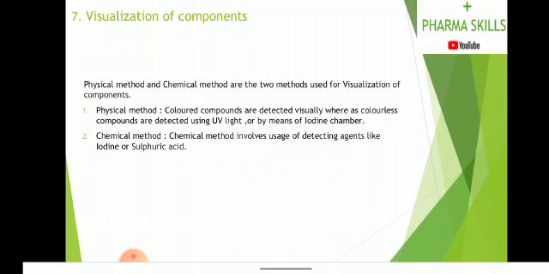If we can see the color, it is seen visually. If it is colorless, we use other techniques like UV. In the chemical method, we use chemicals to see the component. It involves detecting agents like iodine or sulfuric acid. These two can be used as chemical agents.